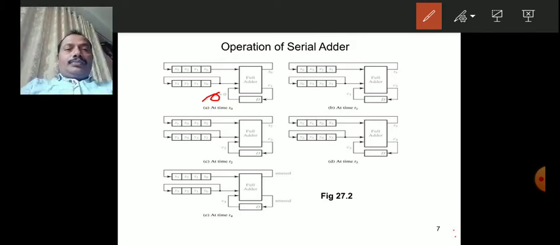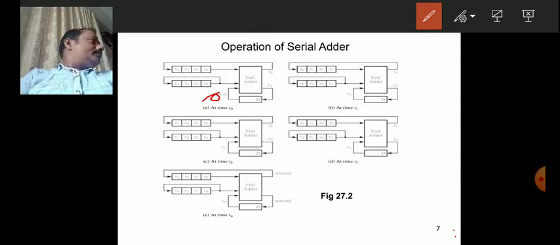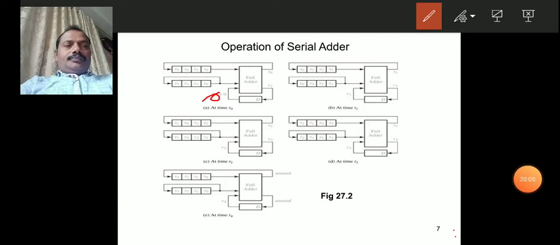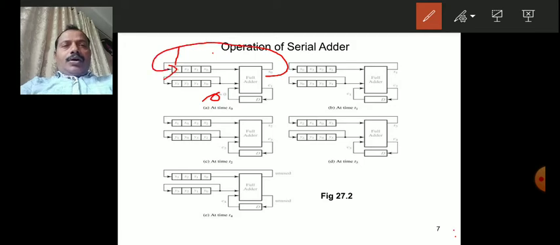This S0 comes to accumulator A, is shifted in and occupies the MSB, and the MSB bit is shifted to the right, into the next lower position. Like that, each bit is shifted to the right. And you observe here, register B is fed back into itself.